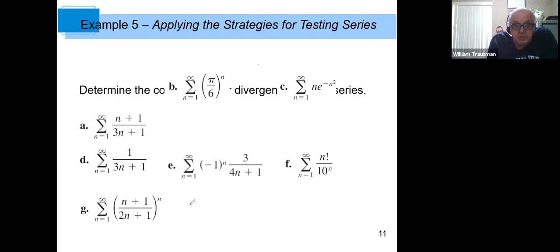And so this can be written as n plus 1 to the n over 2n plus 1 to the n.